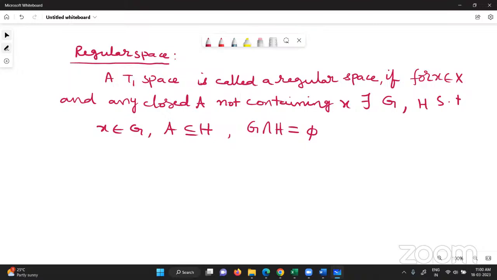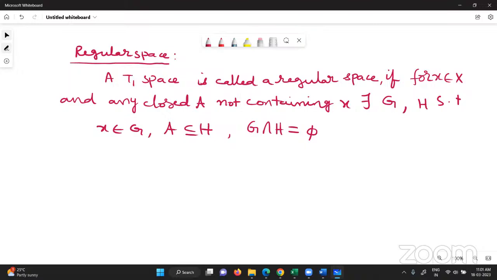Students, any more doubts in defining a T1 space? T1 space means two points are separated by two open sets. X not equal to Y means there is an open set G such that X belongs to G but not to H, and Y belongs to H but not to G. That is the concept.